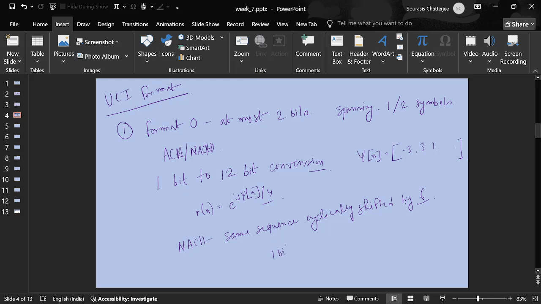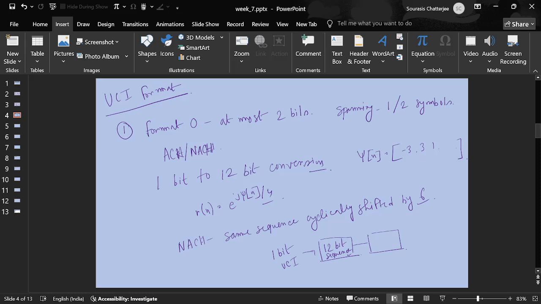For example, in 1 bit UCI we did this sequence thing, and then does some modulation scheme need to be applied or not? So what is this sequence going to be?